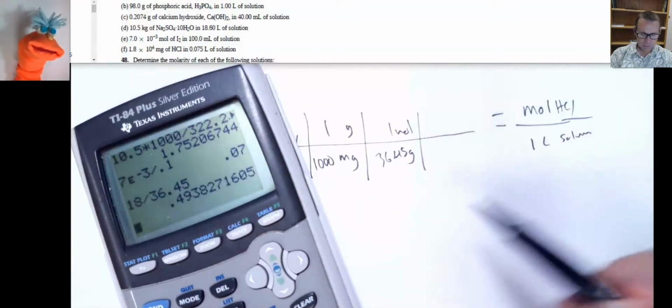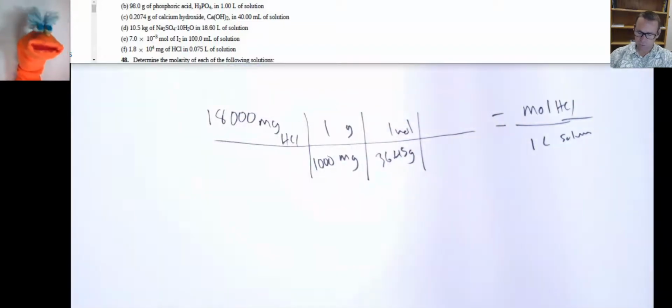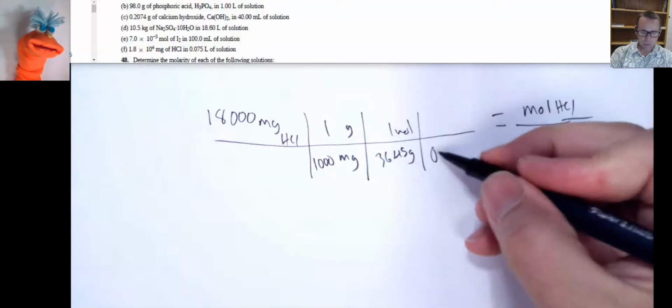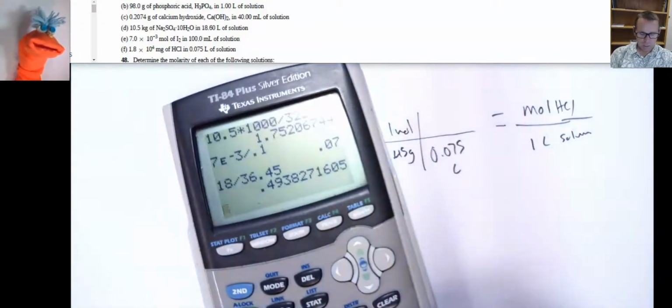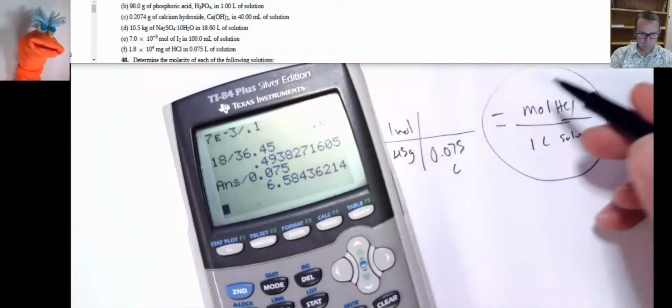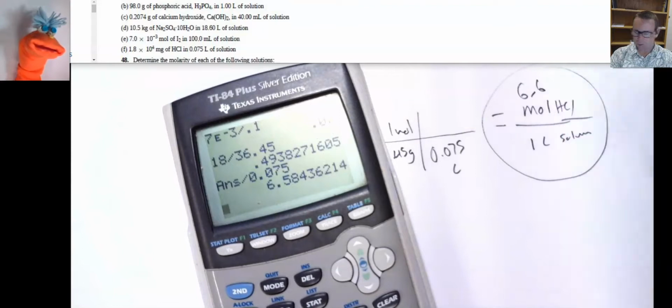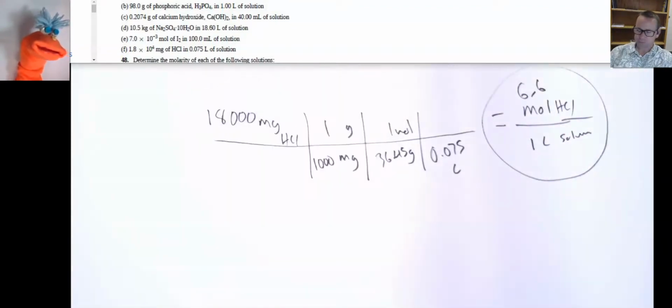But I'm not done yet, am I? No, you're just in moles of HCl. You need to get liters down there. It's 0.075 liters of solution. So I divide that by 0.075, and that gives me my molarity of 6.6 molar. Double check in here. Yeah, 6.6 molar.